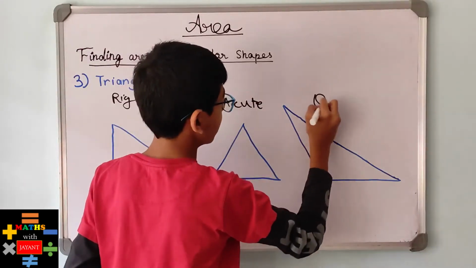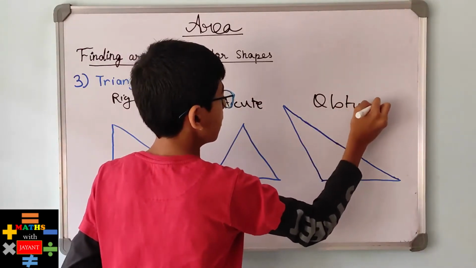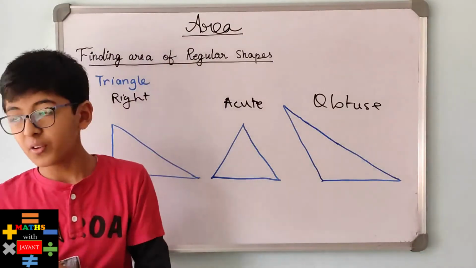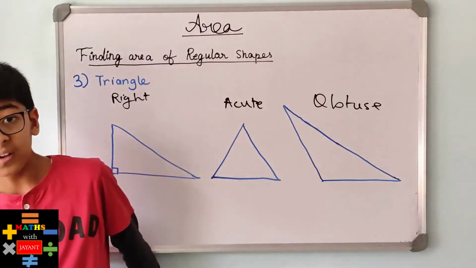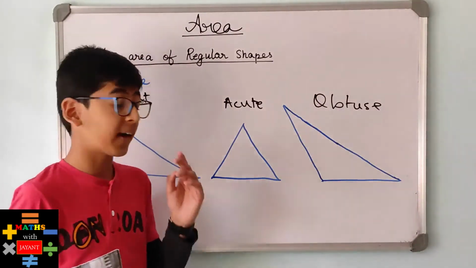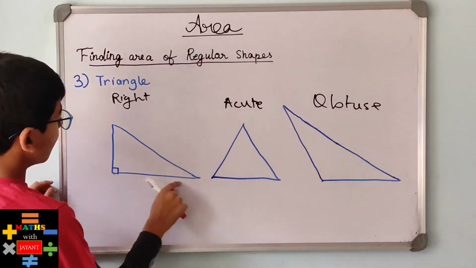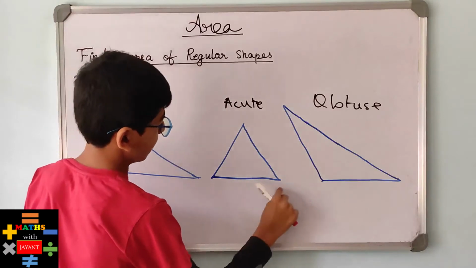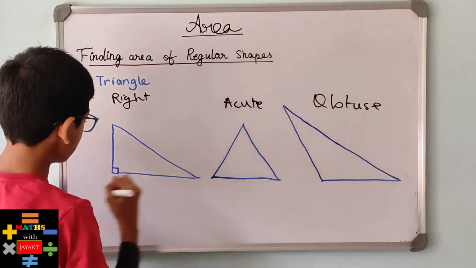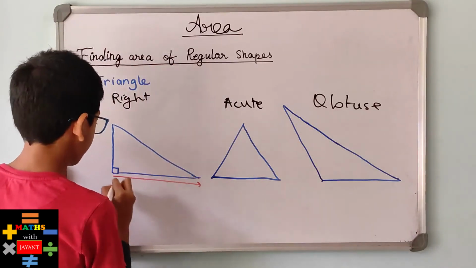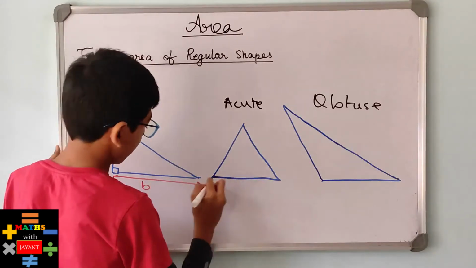And the third one is an obtuse angle triangle. Okay, so now let us figure out the base and height. So the base is going to be the bottom line of the triangle. So for each of these triangles, this is going to be our base.